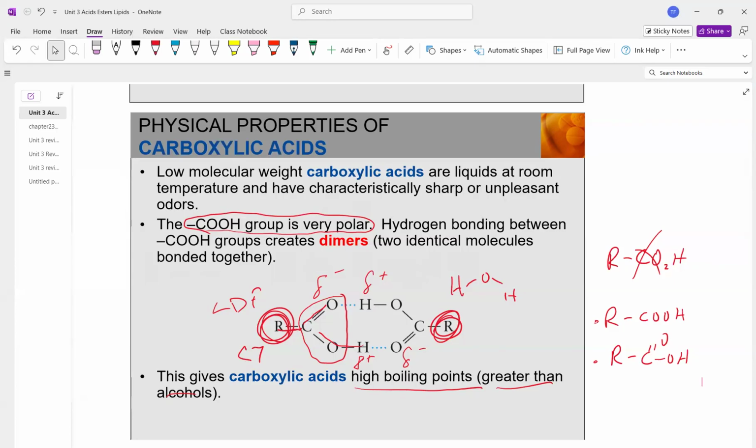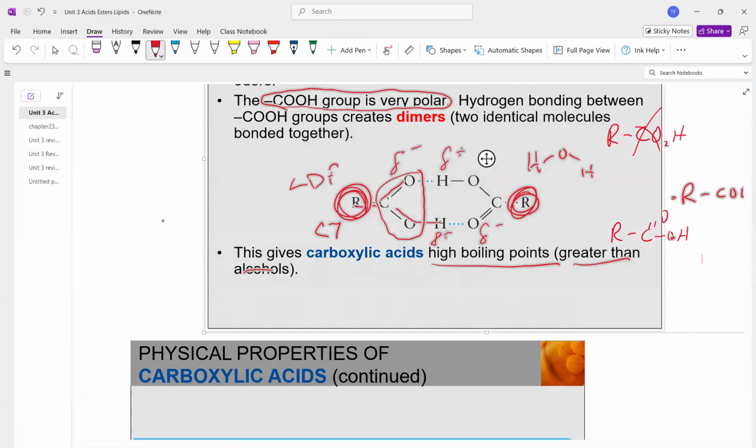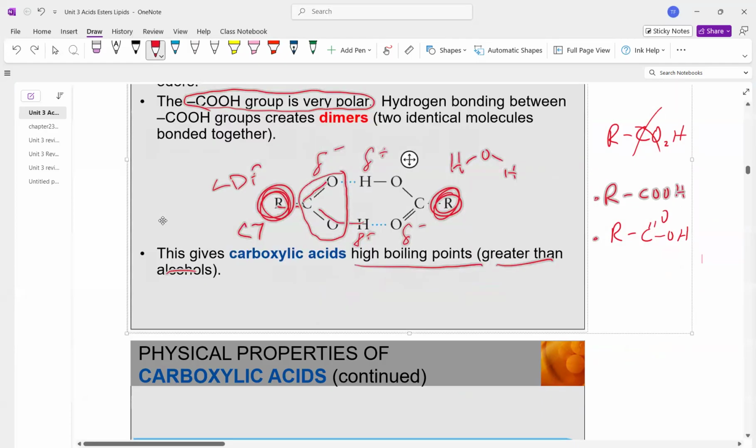Also, they're very soluble in water. Water's polar, so the polar fatty acids mix well with the water. The fact that acids have higher boiling points than alcohols means that the intermolecular forces are stronger.